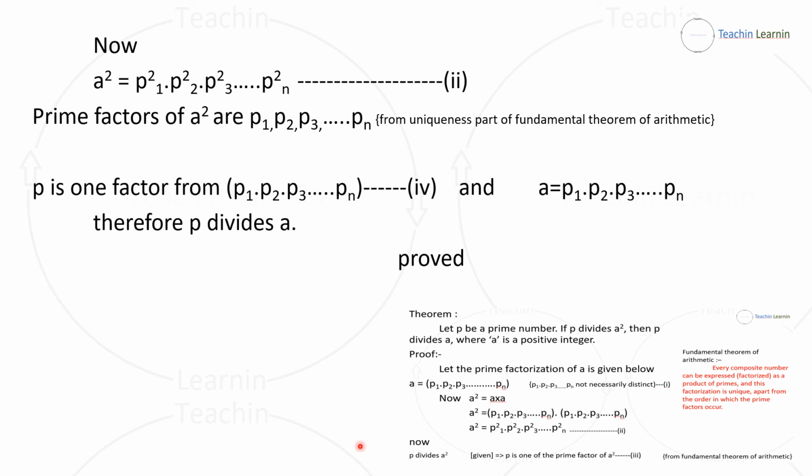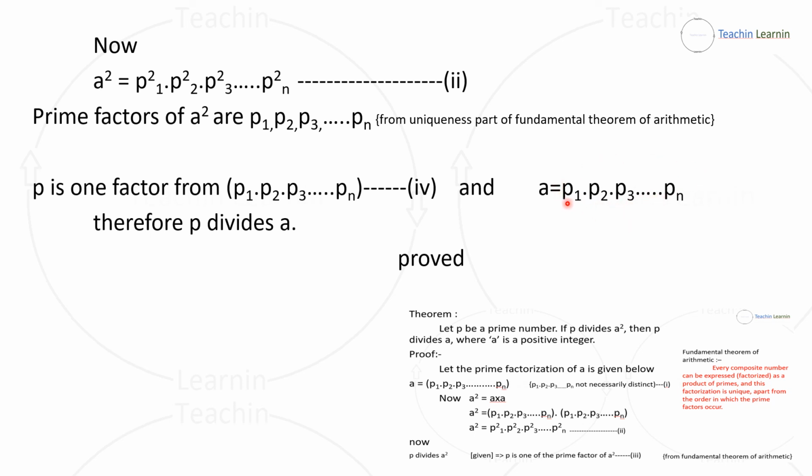Now we have assumed that A is equal to P1, P2 up to Pn. So if P is one factor from P1, P2, P3 up to Pn, we can easily say that P is any one of them.